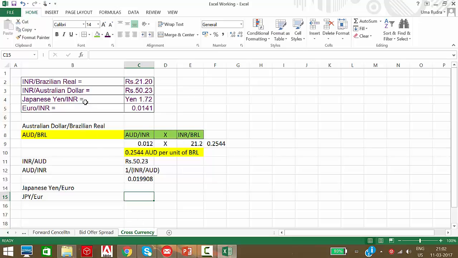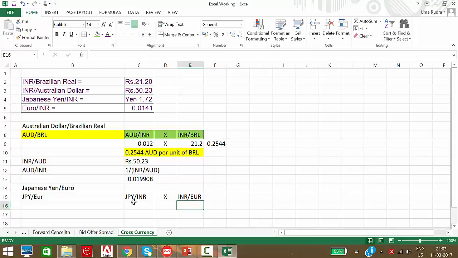I have the combination Japanese yen INR and the combination euro INR, so from here I have to calculate that. JPY divided by INR into INR divided by euro, so I will ultimately get JPY per unit of euro.